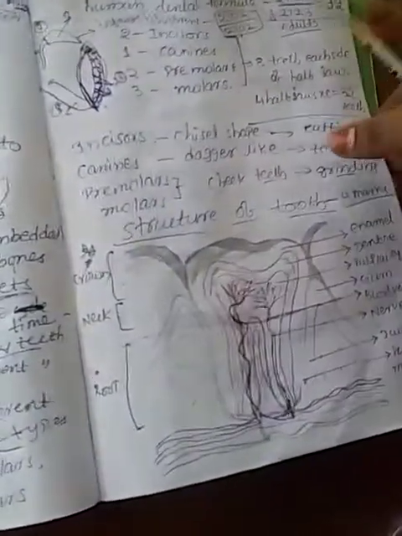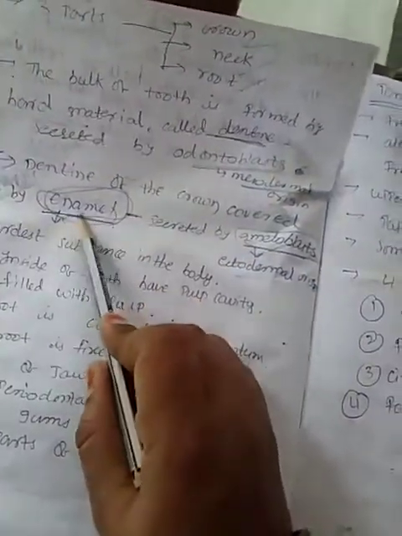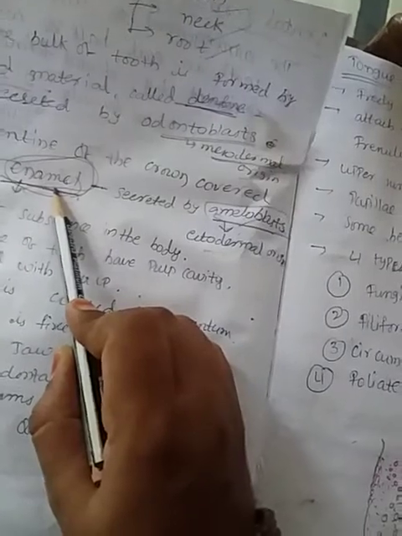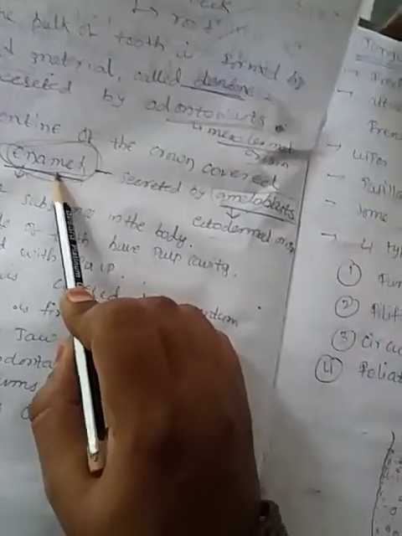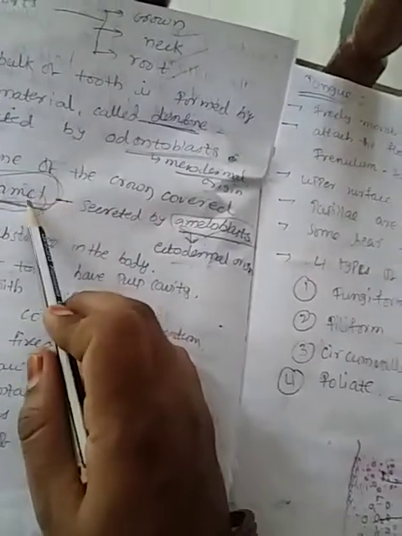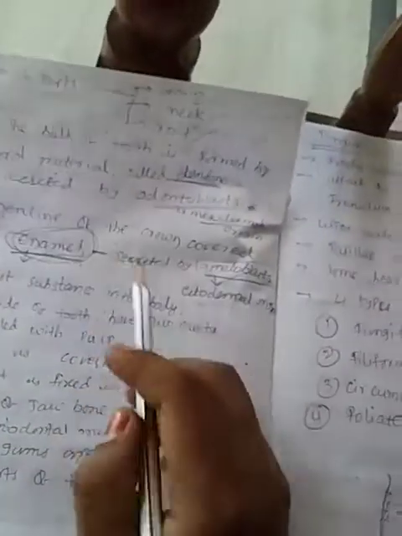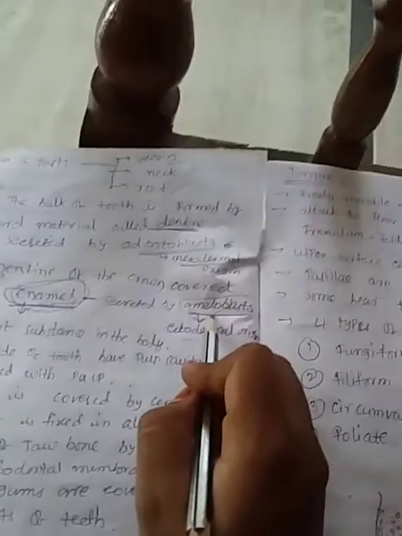Only the diagram, not the explanation. The second one: which is the hardest substance in our body and where is its origin? Here the answer is just 2 words: first enamel and second ameloblast.